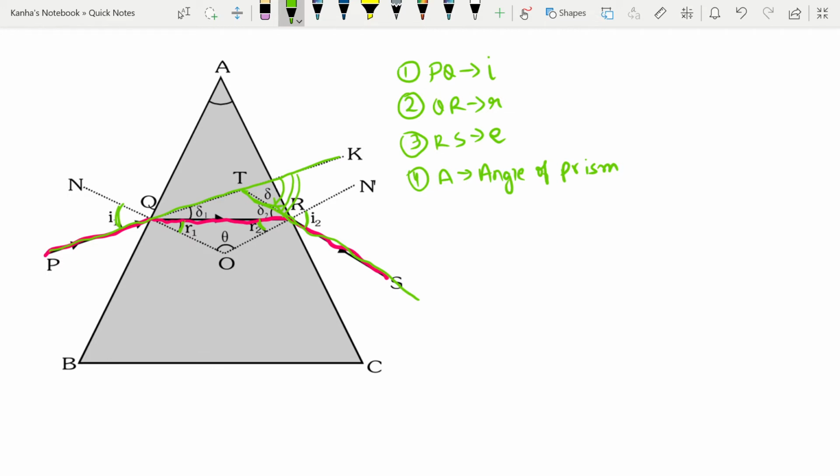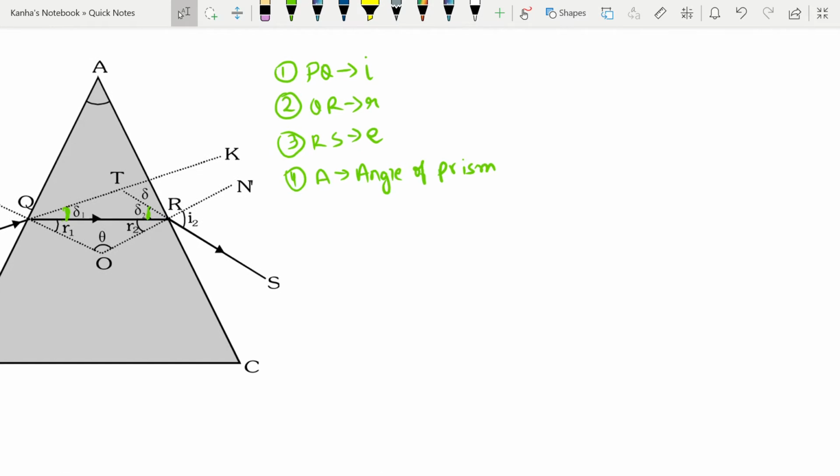As you can see from the figure, this total deviation is nothing but the sum of two deviations, this deviation delta 1, and another deviation right here. So I can write my total deviation, delta, is equal to delta 1 plus delta 2.